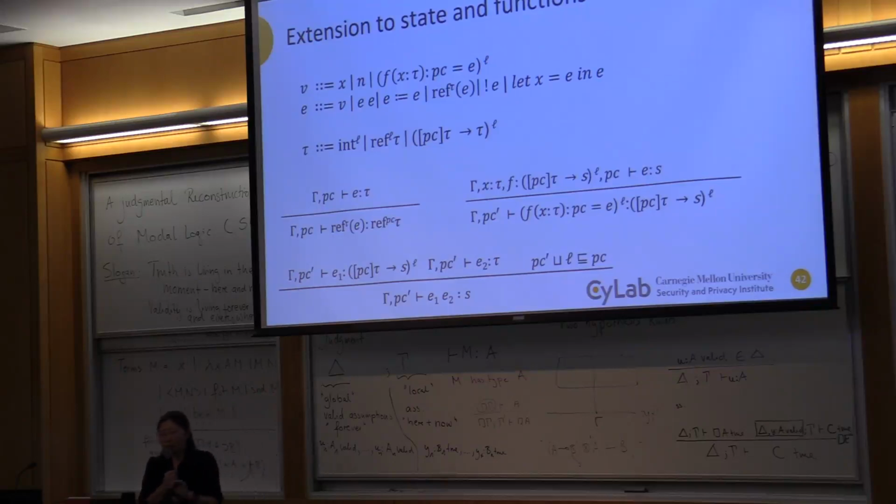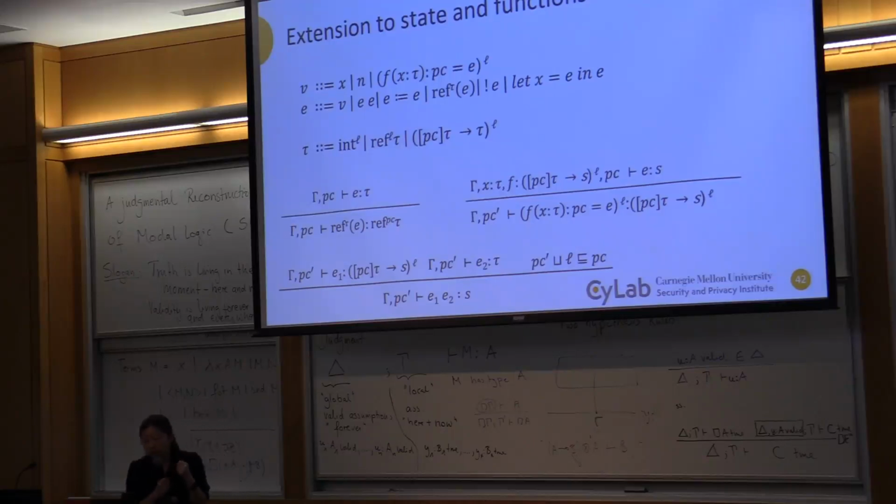What the programmer said is that the program should run under the context PC. Now there is the PC at runtime. I have to compare them. So I enforce that the current context PC prime has to be lower or equal to the PC. The programmer said this function needs to run in a low context.